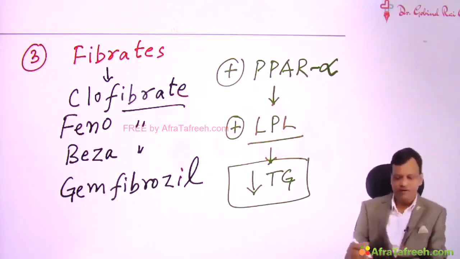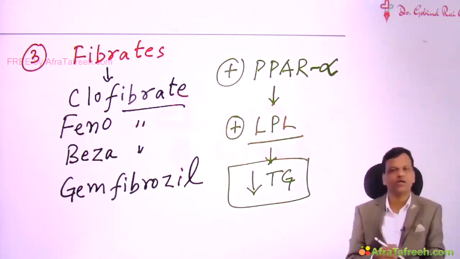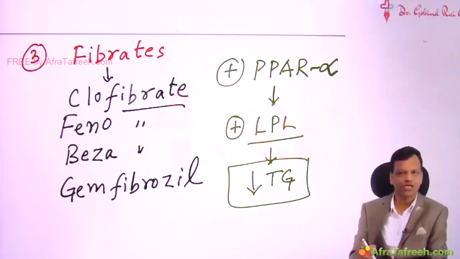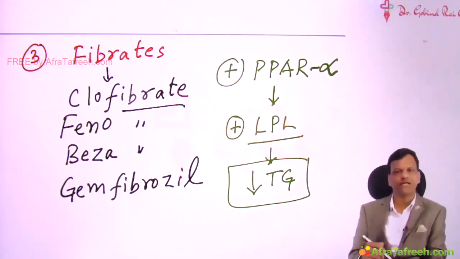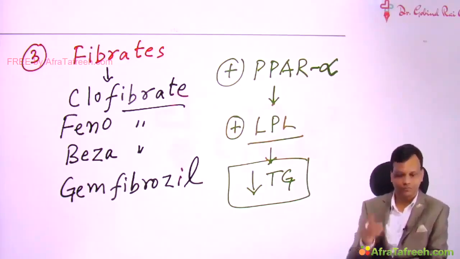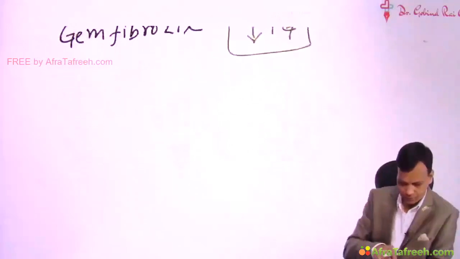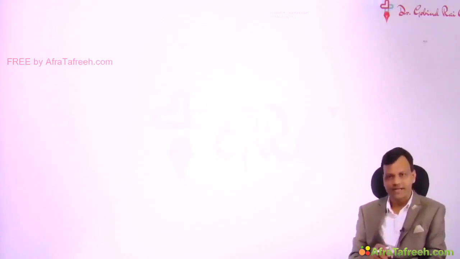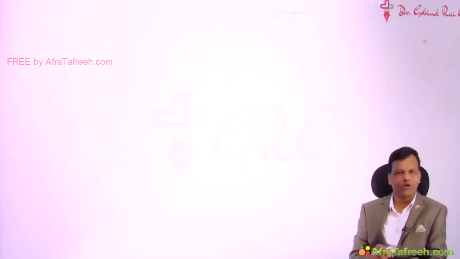So fibrates have maximum triglyceride lowering potential. Just like statins have maximum LDL cholesterol lowering potential, fibrates have maximum triglyceride lowering potential. We already discussed if fibrates are combined with statins, there is increased risk of myopathy.